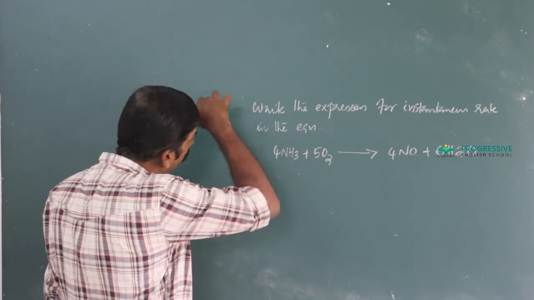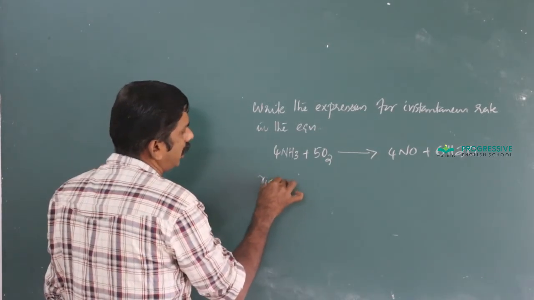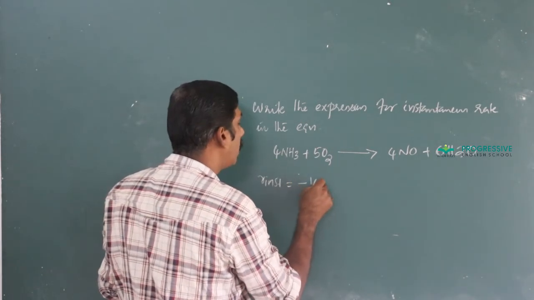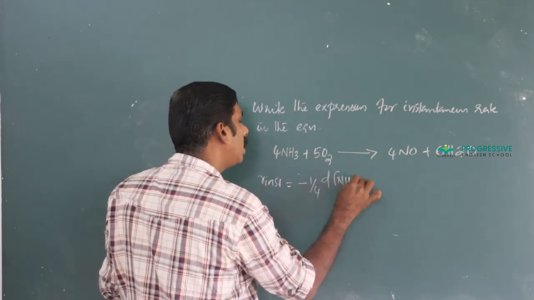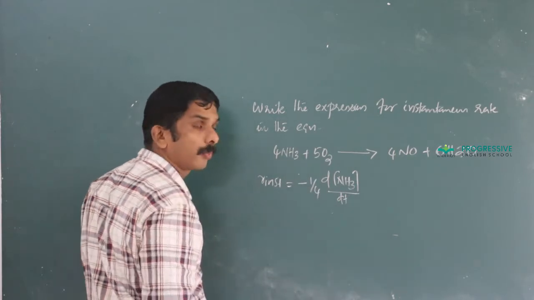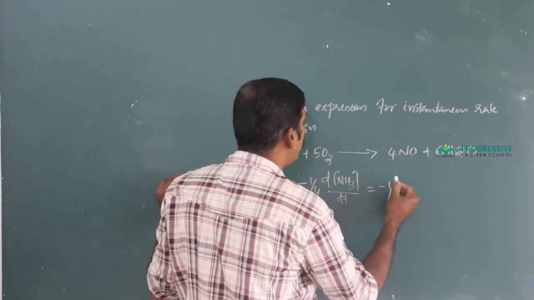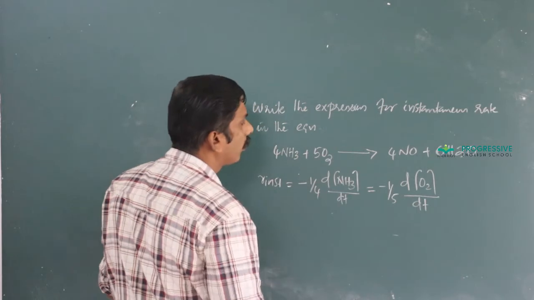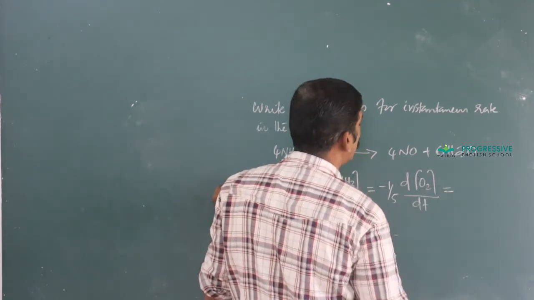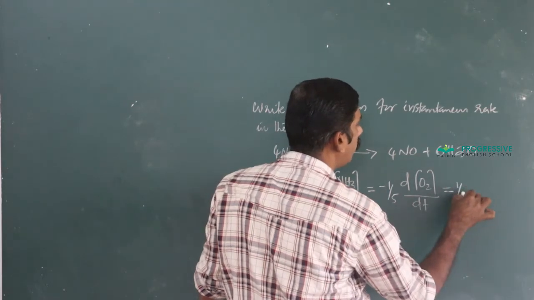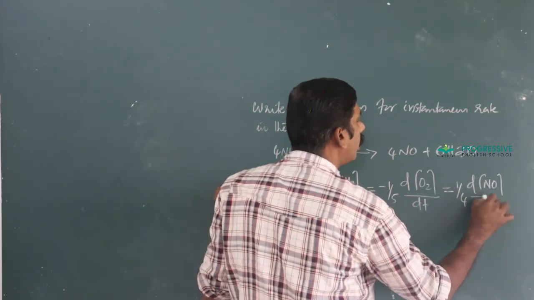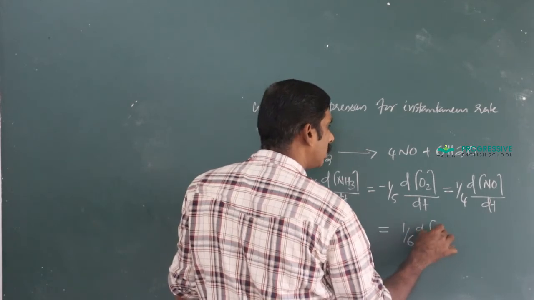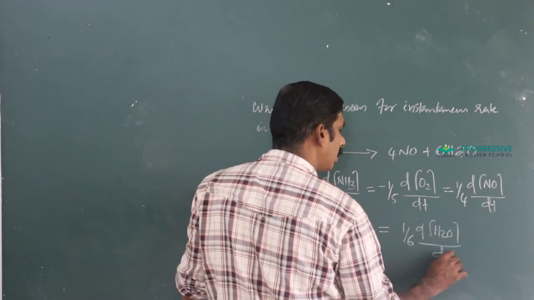Here, R instantaneous equals minus, since it is on the reactant side, minus 1 by 4 dNH3 divided by dt, equal to minus 1 by 5 dO2 divided by dt, equal to 1 by 4 dNO divided by dt, equal to 1 by 6 dH2O divided by dt.